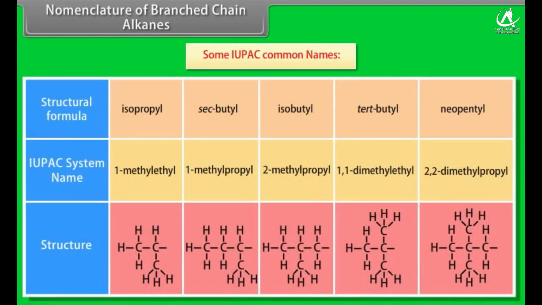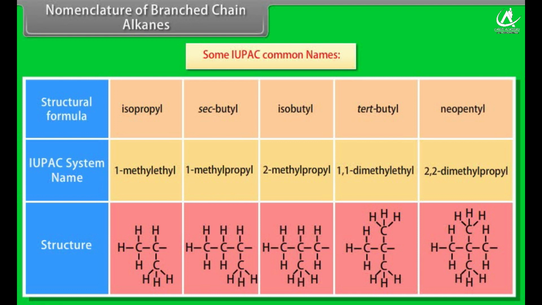Some IUPAC common names are: the common name is isopropyl, its IUPAC name is 1-methyl ethyl, and its structure is this. Common name is sec-butyl, its IUPAC name is 1-methyl propyl, and its structure is this.